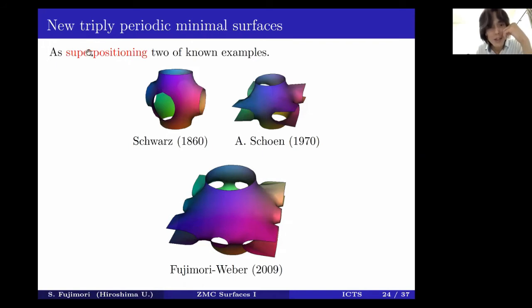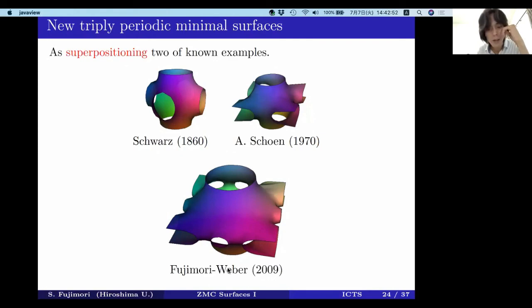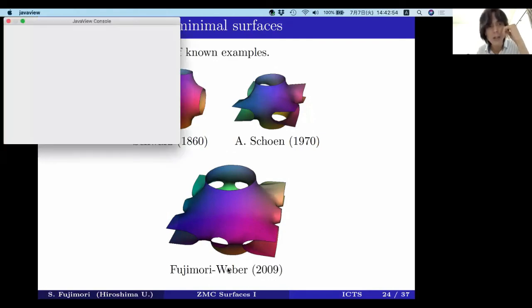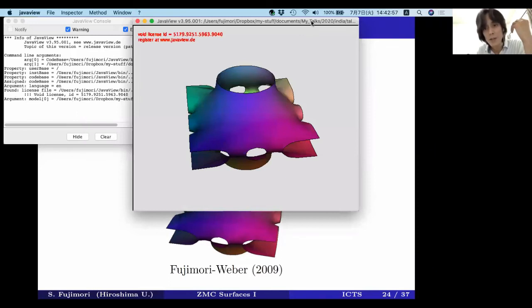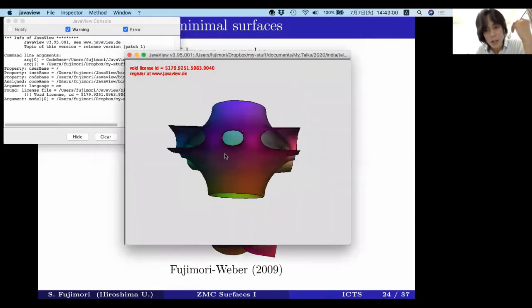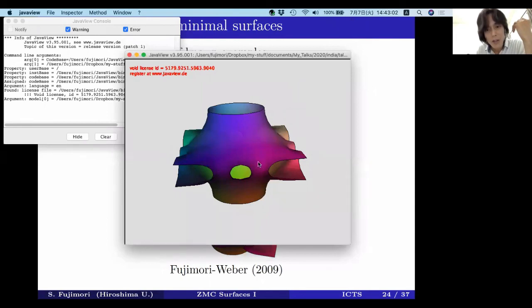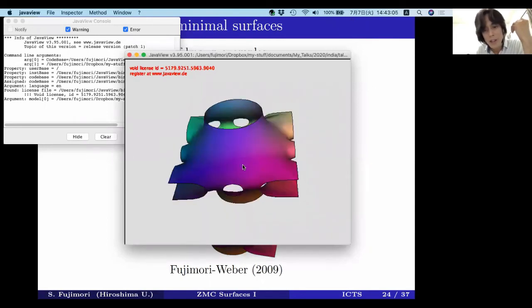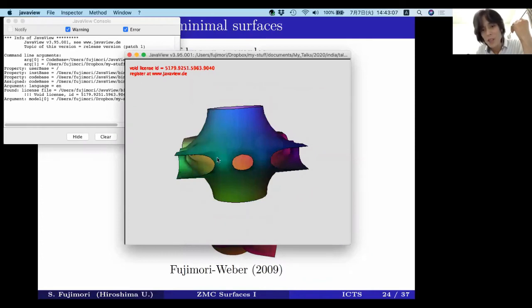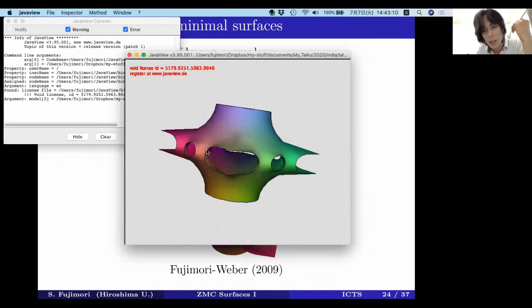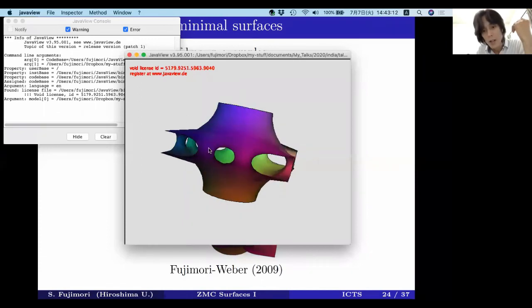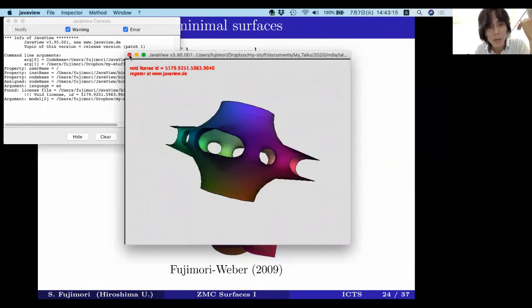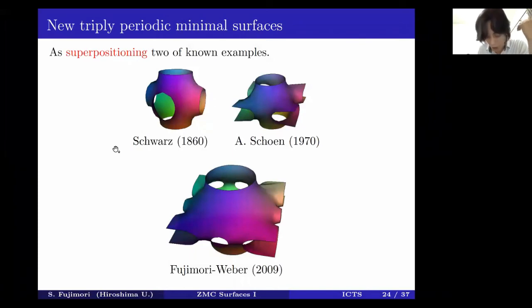So by superposition of two known examples, we get these new minimal surfaces. So there is a way to construct this kind of new surface. So now we have both holes and spouts. And this is a minimal surface of genus 6. Okay, so this is an example of a triple periodic minimal surface.